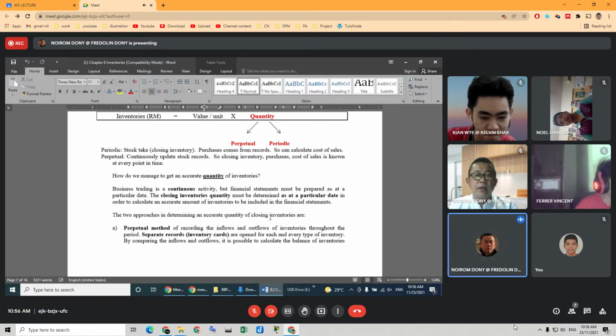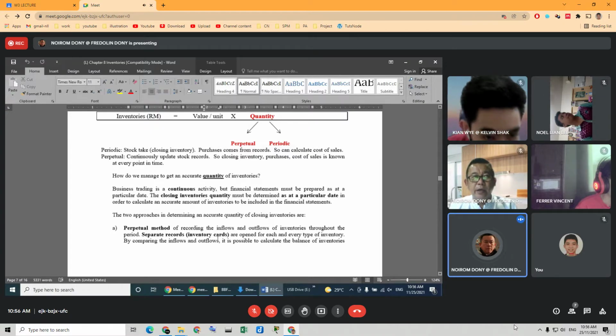Okay. So the two approaches determining an accurate quantity of closing inventory, we have perpetual method, like what we have done just now, recording the inflow and outflow of the inventory throughout the period, meaning throughout the period, we keep updating the balance. So separate record, meaning separate inventory card.